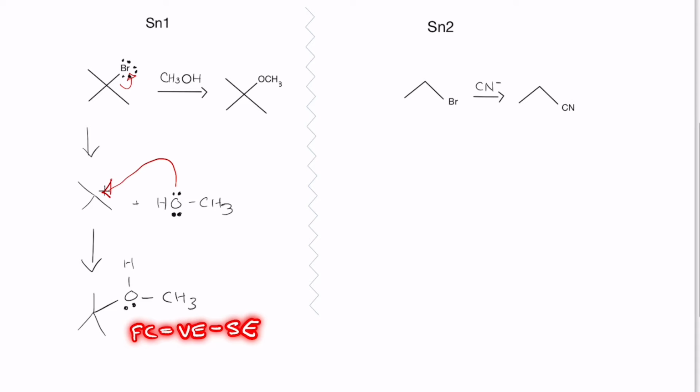And oxygen has 6 valence electrons, but surrounding it right now is 1, 2, 3, 4, 5. Remember, it's 1 from each bond and 2 from that lone pair. And 6 minus 5 makes for a total charge of positive 1. So here this oxygen is positively charged.